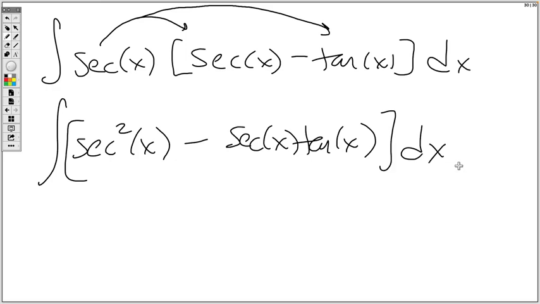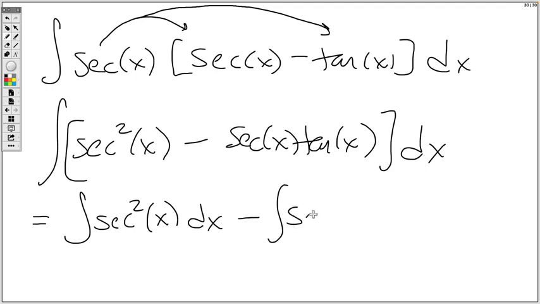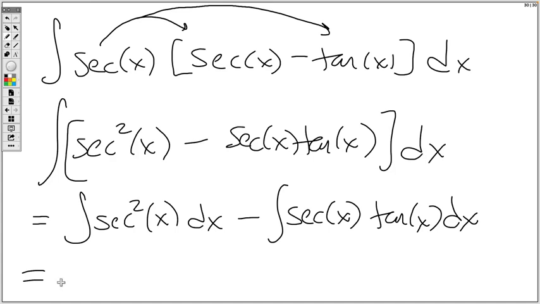So I don't have a rule for multiplication, so I'll just multiply it out, but now I do have a rule for subtraction. So the integral of secant squared minus secant tangent, thanks to the difference rule, is the integral of secant squared minus the integral of secant tangent. And what's the integral of secant squared? I need a function whose derivative is secant squared.